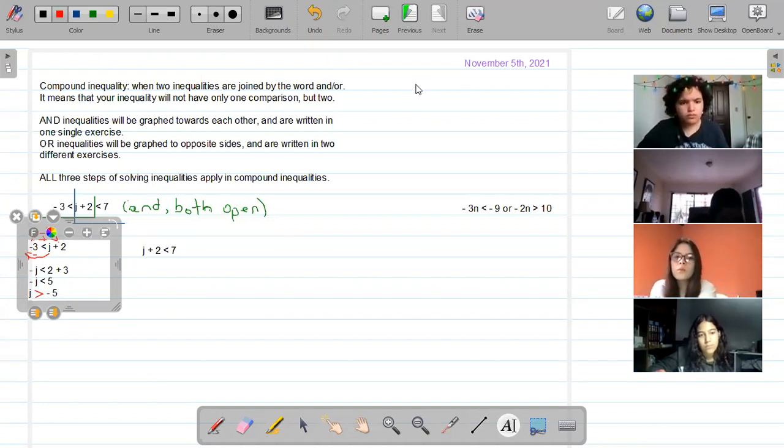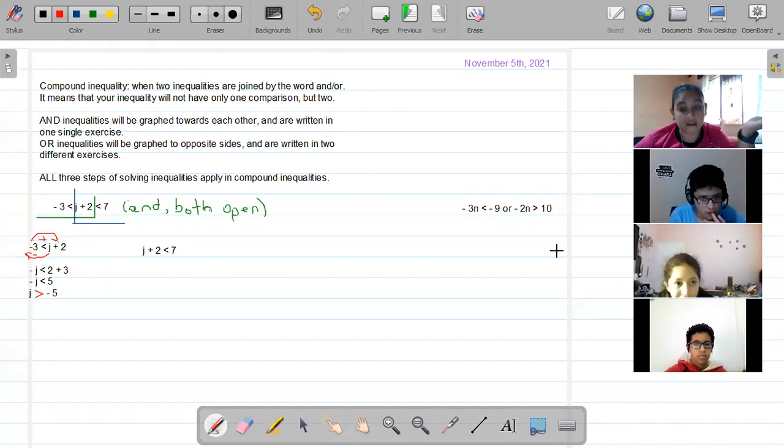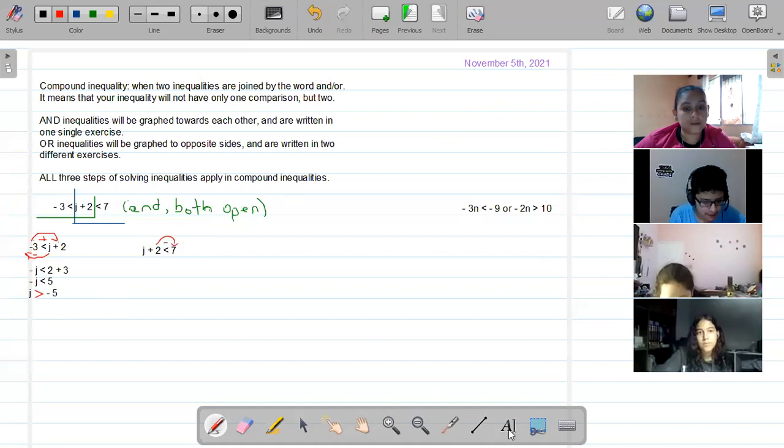Now we're going to work with the other one, with j plus 2. Again, rules of solving inequalities. Do I have all my variables on the left? Yes. Do I have all of my constants on the right? No, so let's move that constant. So this 2 is adding, it goes to the other side subtracting.